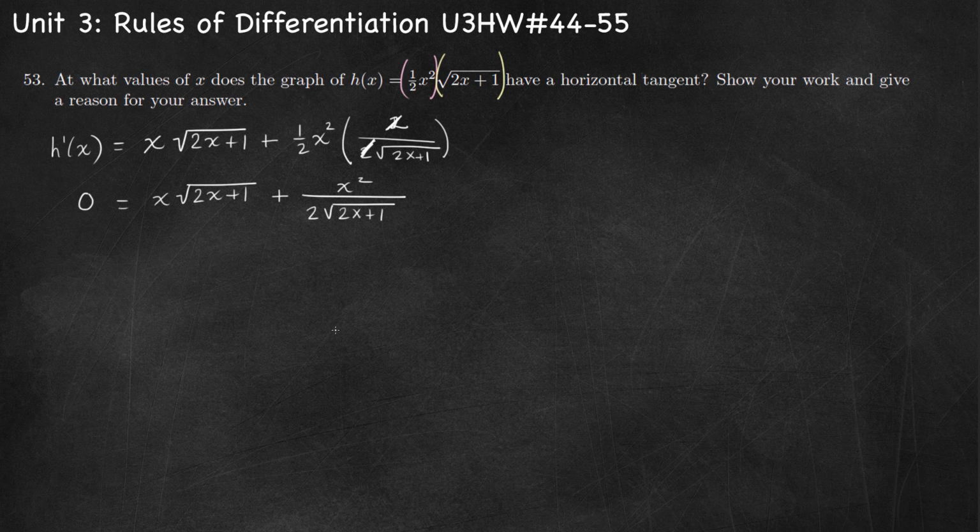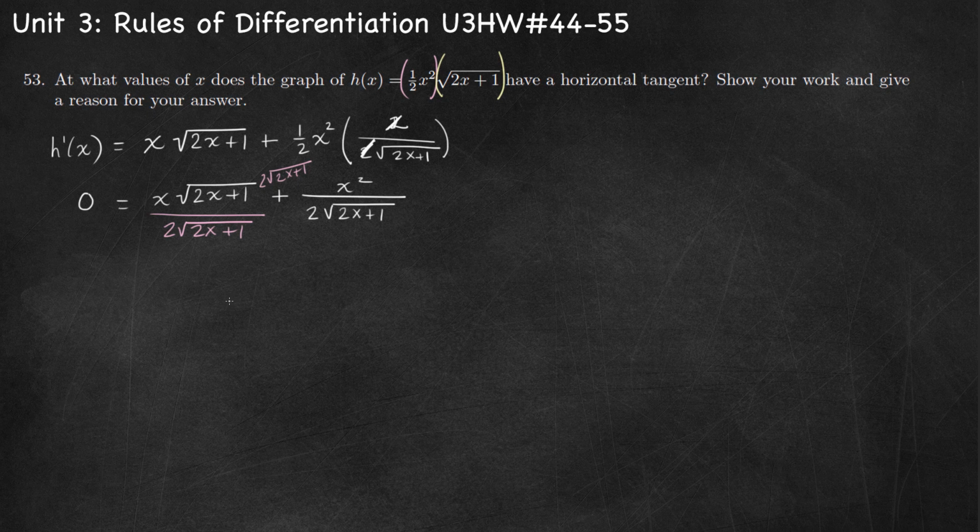And from here to solve, we have a couple of options. I can get a common denominator, or I can move one of these terms to the other side. I think I'm going to get a common denominator. So on the left, I'm going to multiply this one by 2 square root 2x plus 1 over 2 square root 2x plus 1, like so.